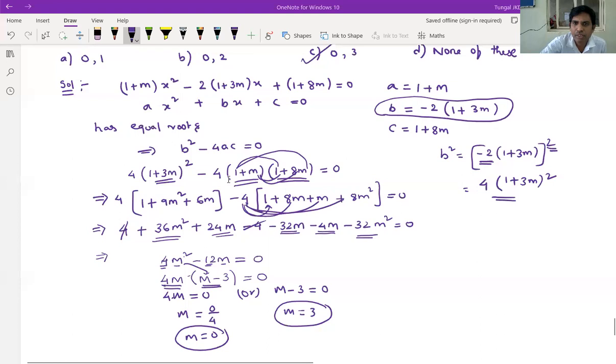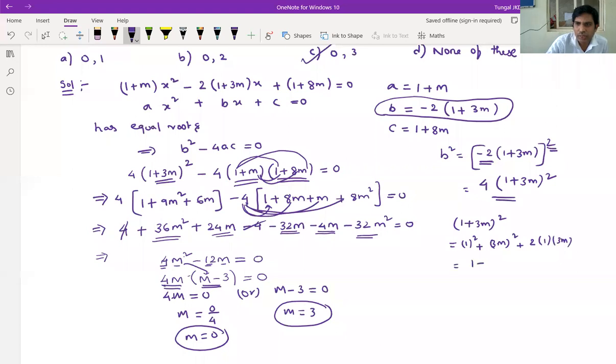How did 6m come, sir? Please repeat the example. Where is the 6m? How will it come? (a plus b) whole square, no? See, the expansion of (1 plus 3m) whole square. (a plus b) whole square expansion is a square plus b square plus 2 into a into b.